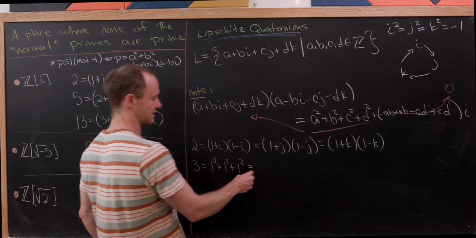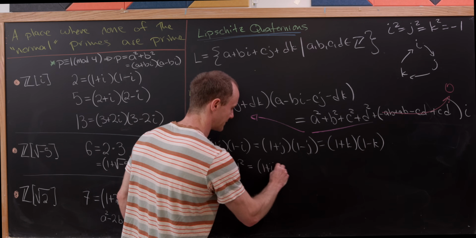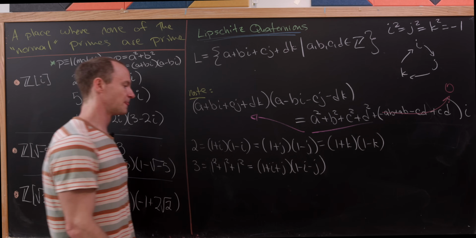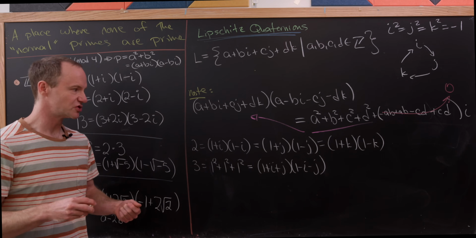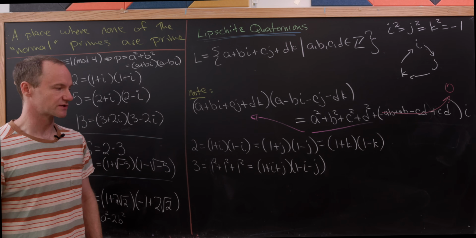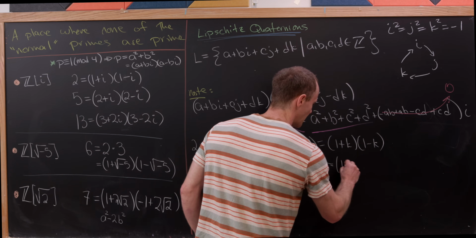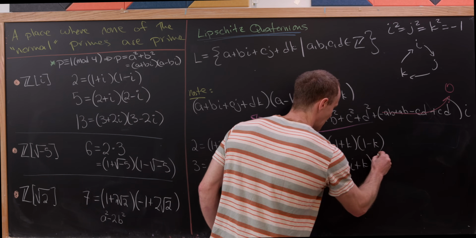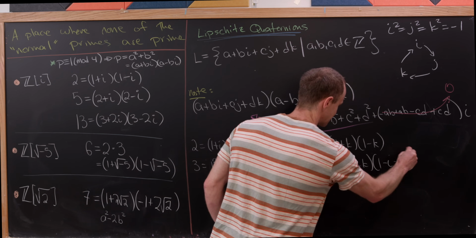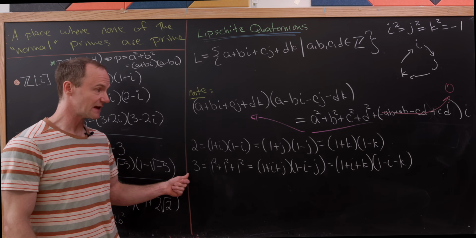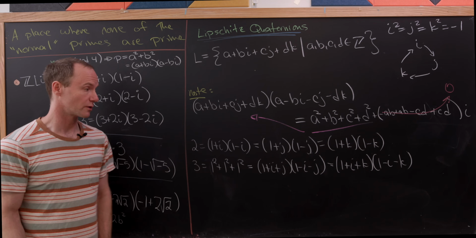So this gives us something like this: 1 plus i plus j, 1 minus i minus j. But of course, we really just have to choose any 2 of these 3 imaginary units and we get the same kind of thing. So this is the same thing as 1 plus i plus k and 1 minus i minus k. So there we factored 3 2 different ways, meaning 3 is no longer a quote-unquote prime.